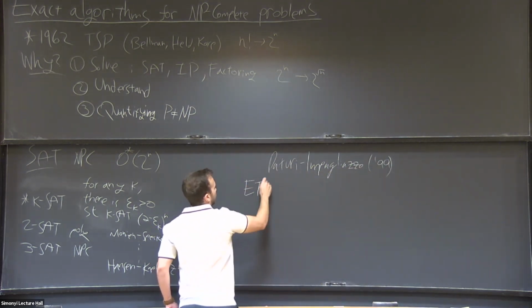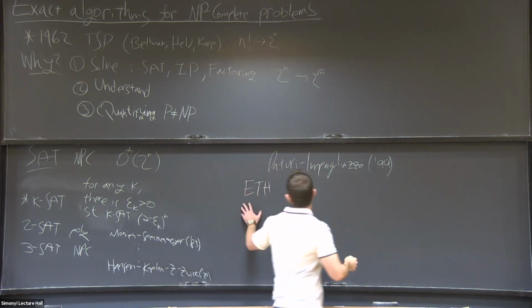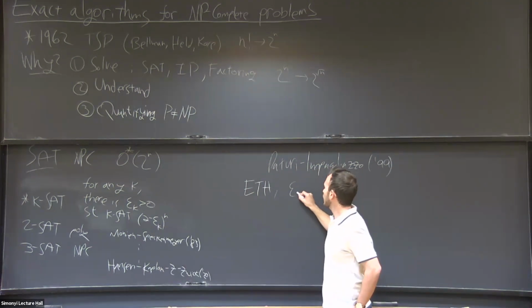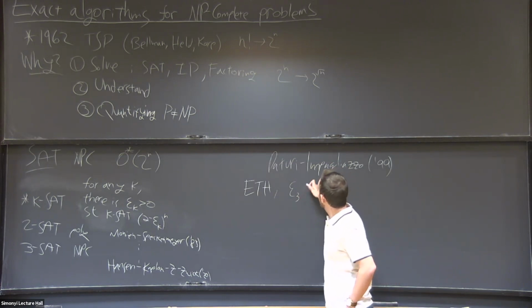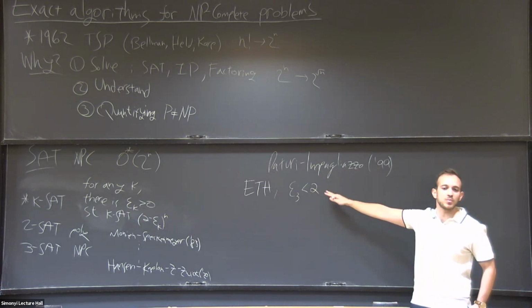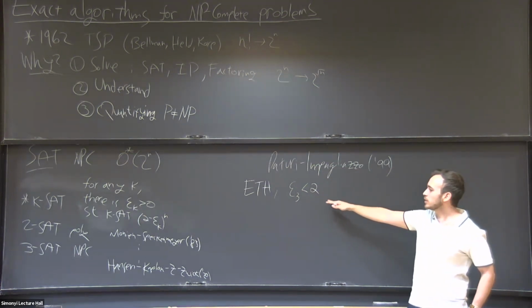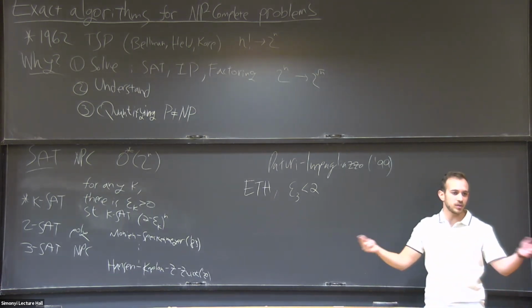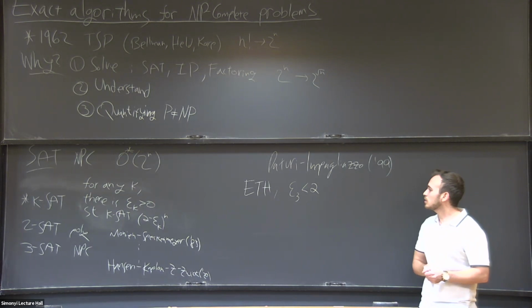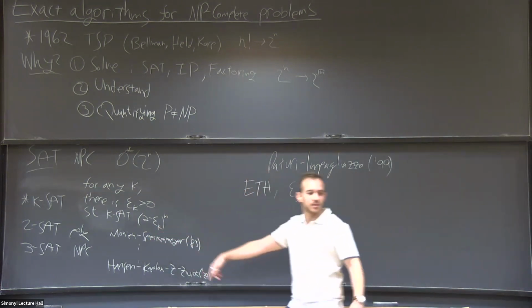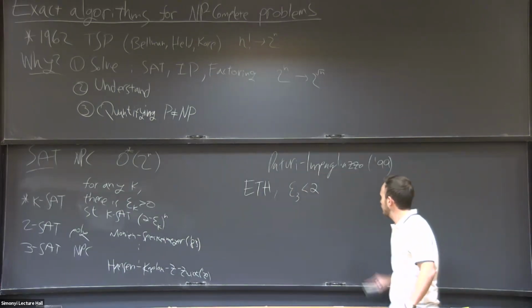One of them is usually abbreviated to ETH, the exponential time hypothesis. This is basically saying that 3SAT takes exponential time. The exponential time hypothesis is just saying that you need exponential time in order to solve the 3SAT problem. Sorry.